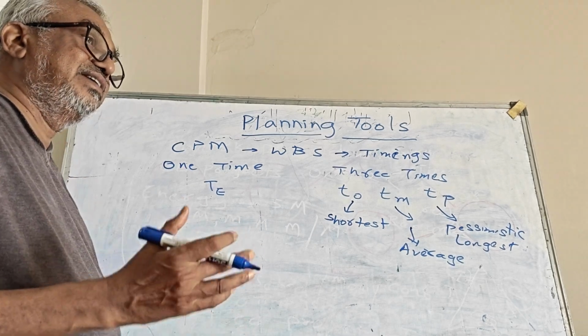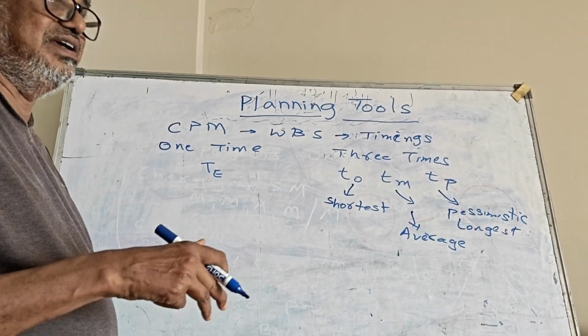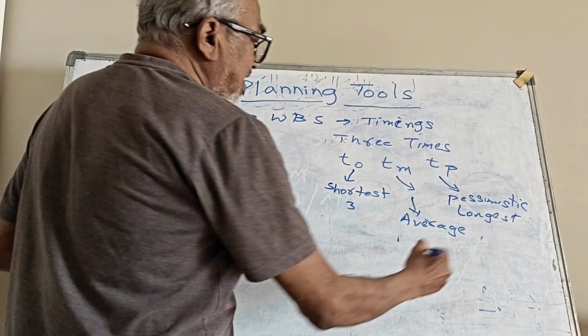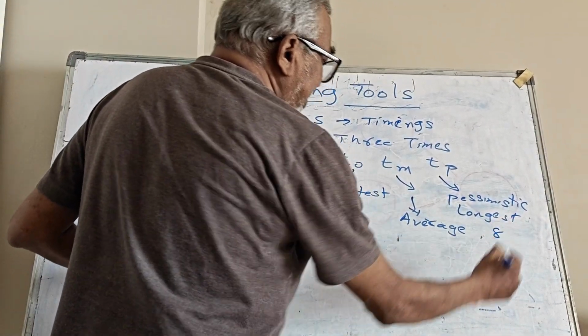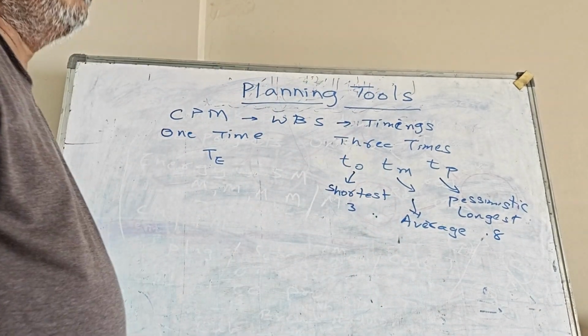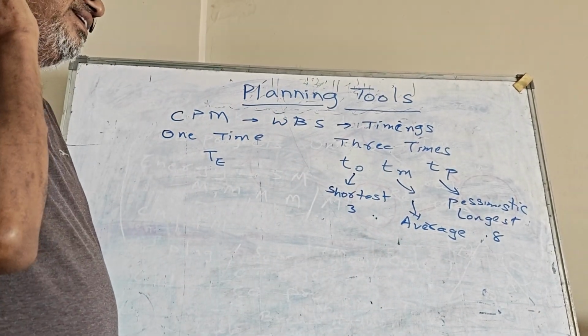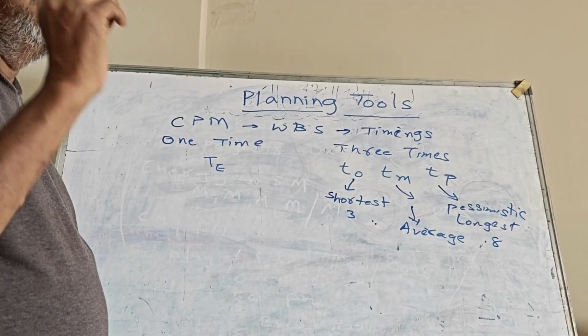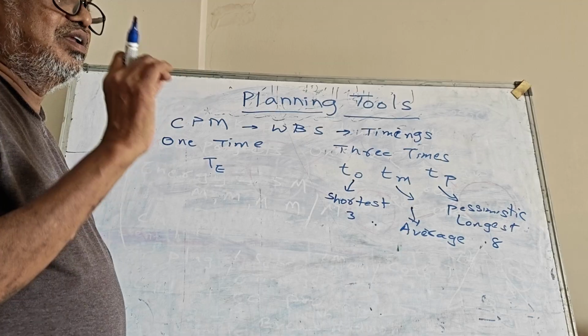It is the time that is in the mind of the engineer. Suppose the shortest time required is 3 days and the longest time required is 8 days; the average time is in between these two. This is the most likely time embedded in the mind of the planning engineer.